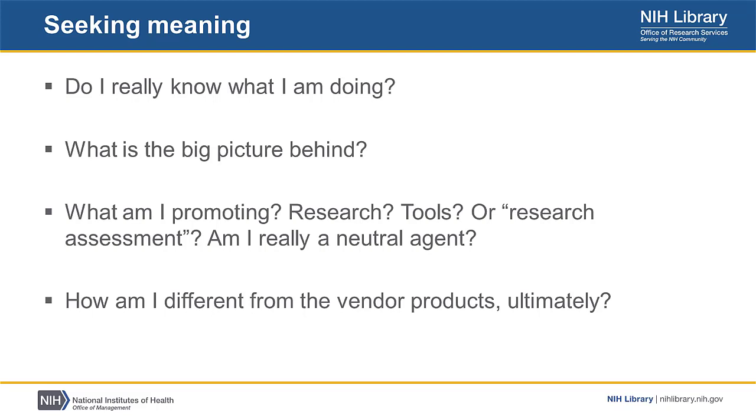Am I really promoting their research? Or am I just promoting the tools, the strategy? Or maybe am I just promoting research assessment? And am I really a neutral agent?